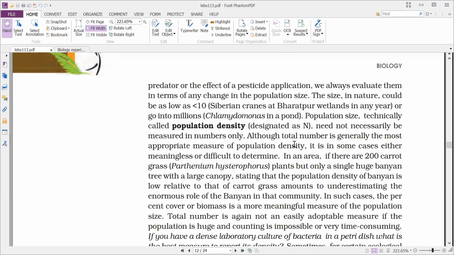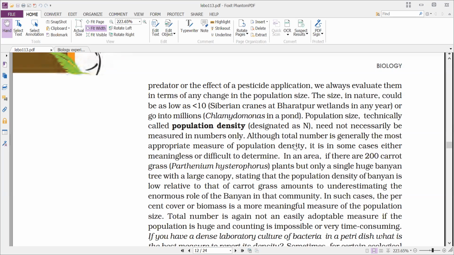Different types of organisms reside on that single banyan tree, which cannot be observed in 200 carrot grass plants: different types of animals like birds, lizards, mammals, and epiphytes, plants growing on the branches, and some growing in the shade of the banyan tree.